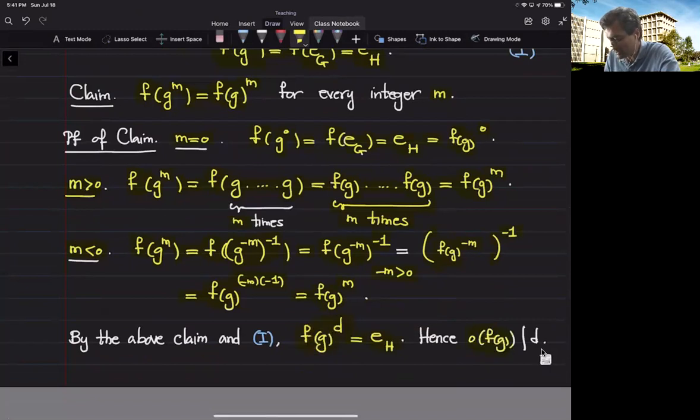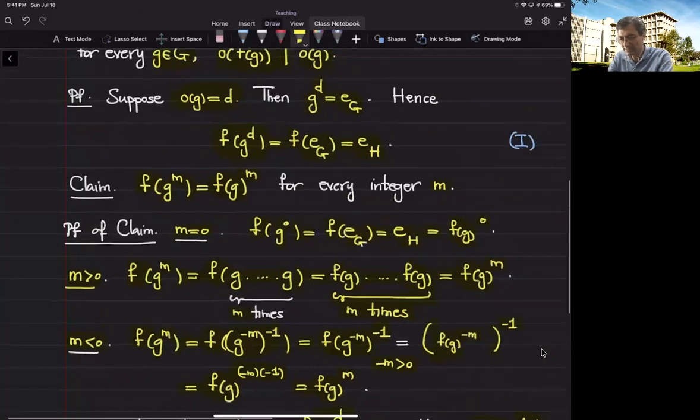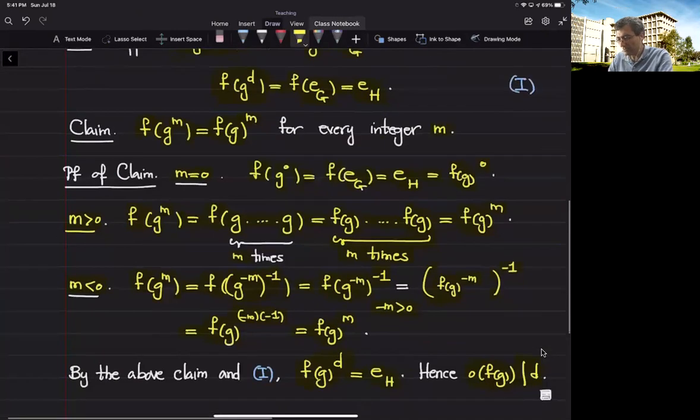Order of f of g divides d. And that's exactly what we wanted to show, because what is d? d is the order of g. So altogether we deduce that the order of f of g divides the order of g.